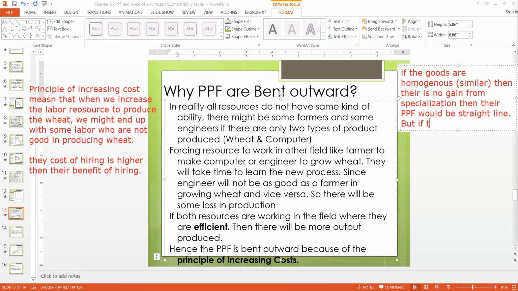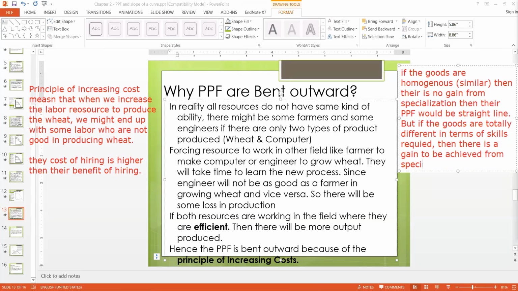But if the goods are totally different in terms of skills required, then there is a gain to be achieved from specialization. So the PPF is bended outward. So it shows the gain that we achieve by specialization.